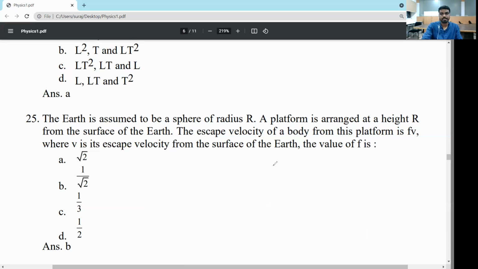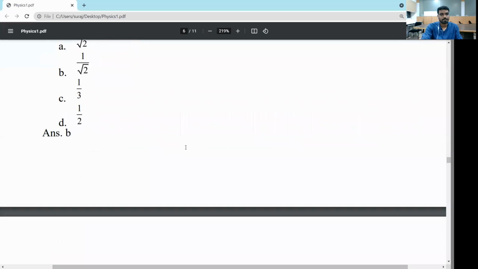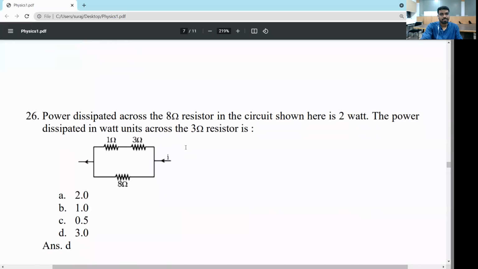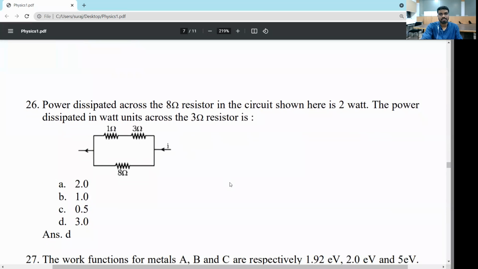Now question number 26. Power dissipated across the 8 ohm resistor in the circuit shown here is 2 watt. Find the power dissipated in watt across the 3 ohm resistor. Power is what?